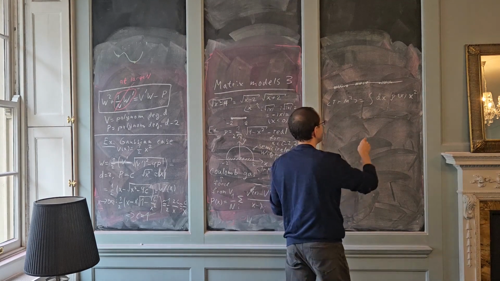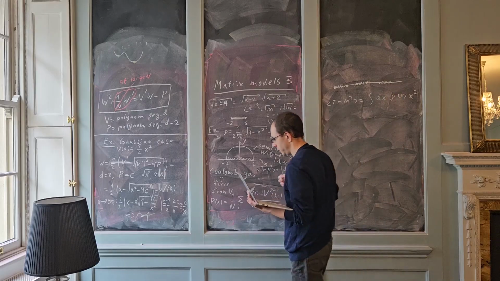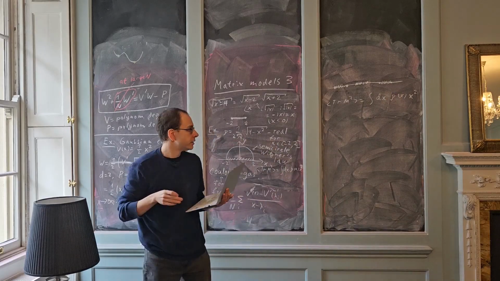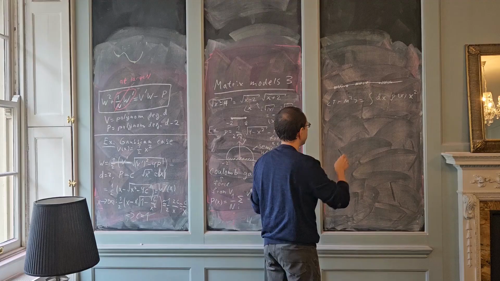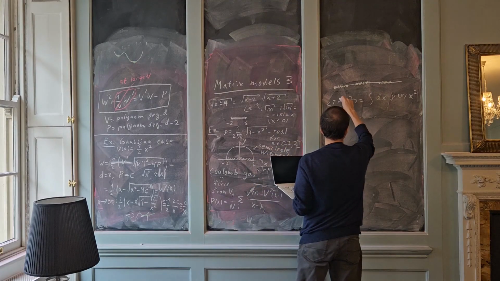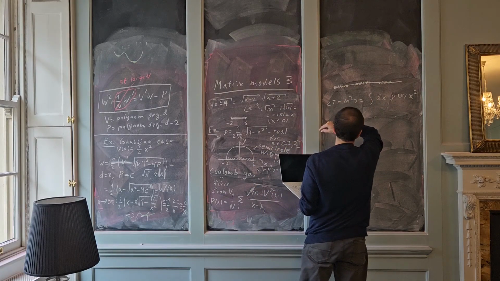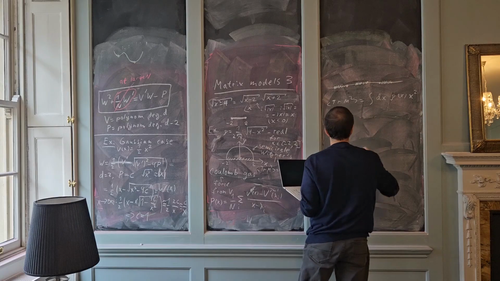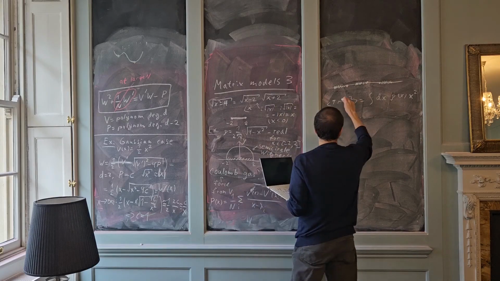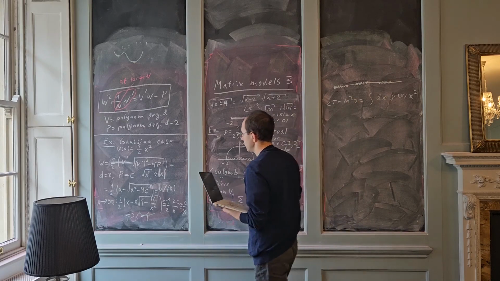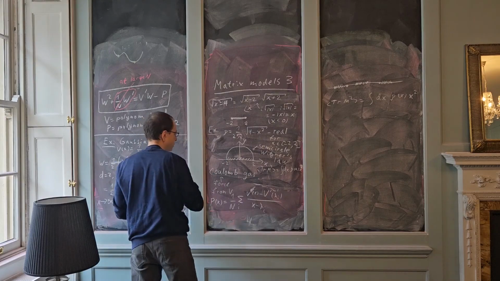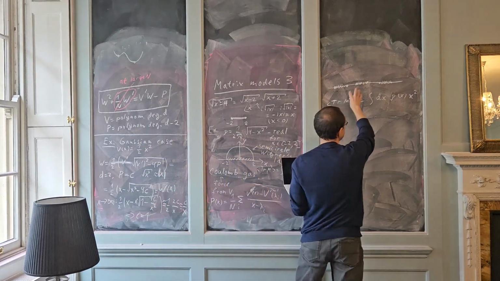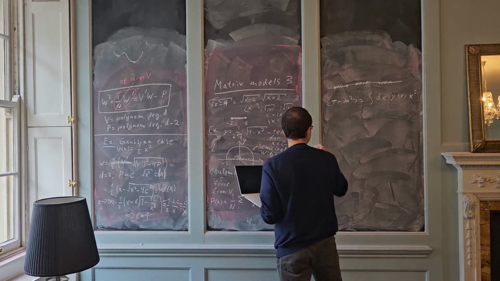If we have even more branch cuts, it would be even more complicated. That's why typically it's not really possible to consider more than two cuts, though sometimes it is. Just to say that the degree of this polynomial determines the complexity, because it corresponds to the number of cuts.